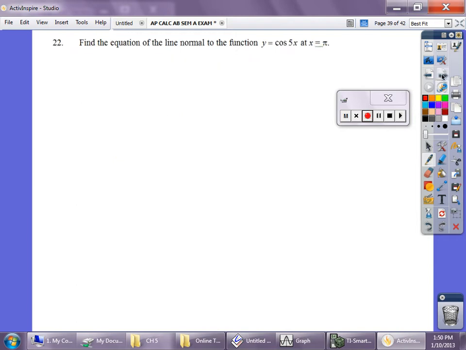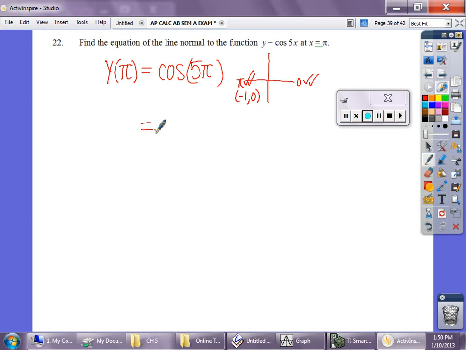22, find the equation of the normal line. Almost exactly the same question. The first thing I need to do is find the y value. So 5 pi, this would be 0, pi, 2 pi, 3 pi, 4 pi, 5 pi. So the point here would be negative 1 comma 0. The cosine is the x value, so y of pi would be negative 1.